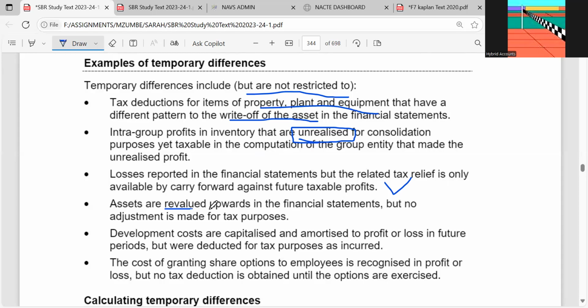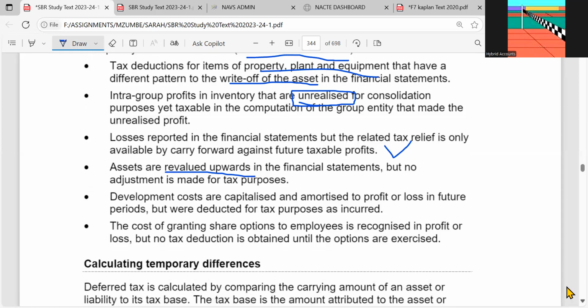You see the revaluation, let's say like IAS 16, we have IAS 38, we have the investment properties IAS 40. You can do the revaluation of assets. The assets are taken up, but that revaluation gain is not charged. For tax purposes, you won't consider it until the asset is disposed, but ultimately upon disposal, it will have to be reflected.